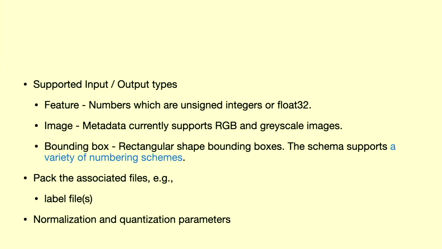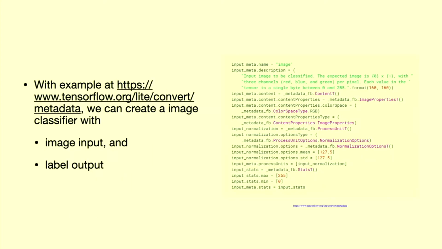With metadata, you can embed labels and related information into the metadata, and you can cover the normalization and quantization info. With the example in this URL, you can find something like this. This is a Python script to fill the metadata, and you can find more details in the guide to image input, label output, etc.